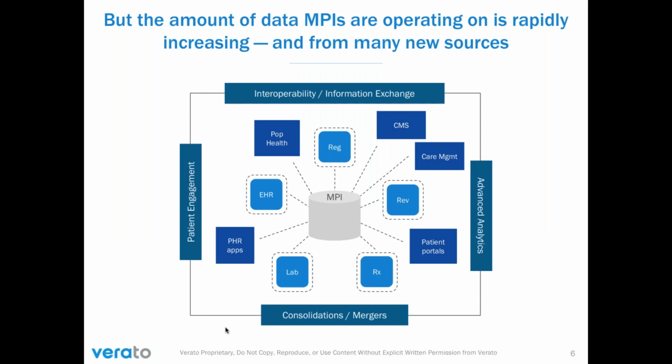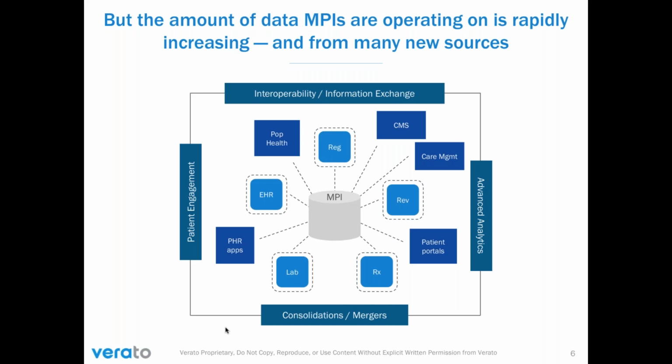The issue that sort of compounds that is that today we're seeing more and more requirements for integrating new data. So whether it's adding additional data sources to your MPI, either because you're integrating another facility, or there are mergers and acquisitions of healthcare organizations that necessitate combining data sources into one MPI.